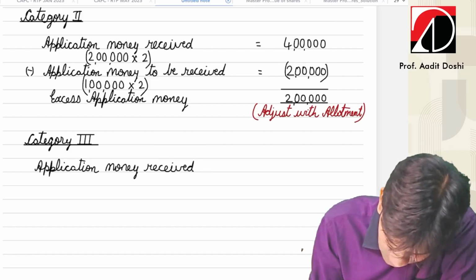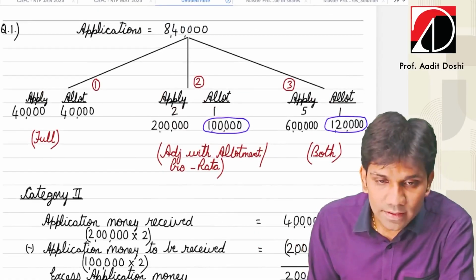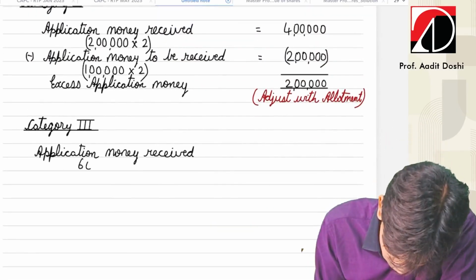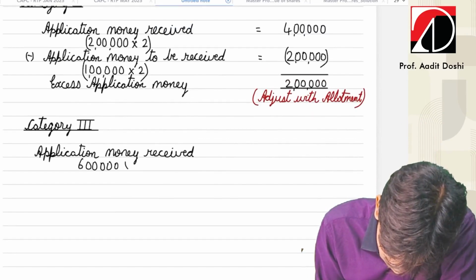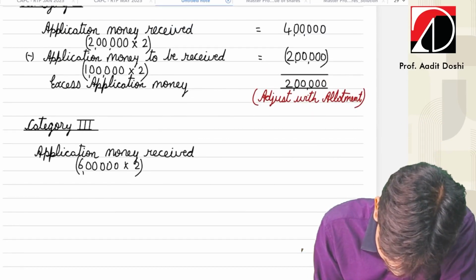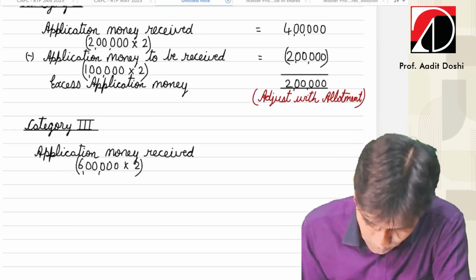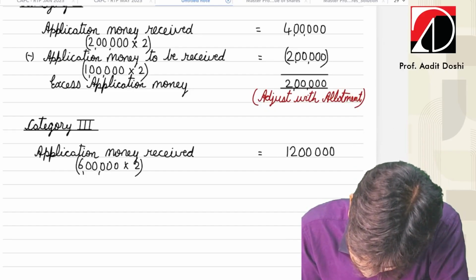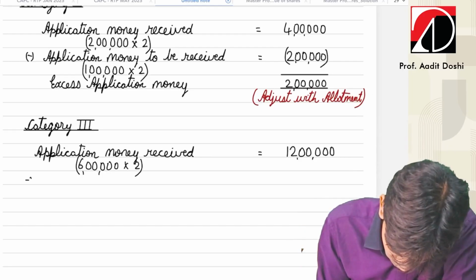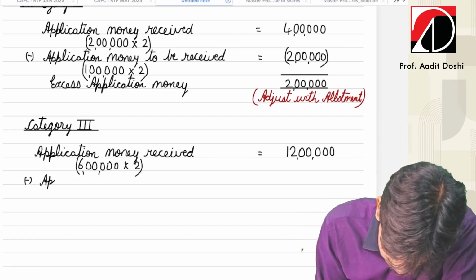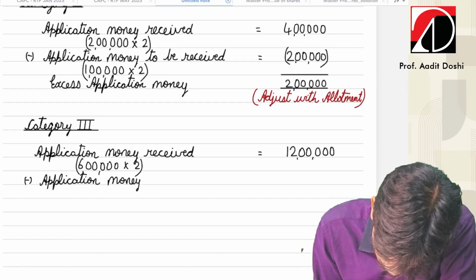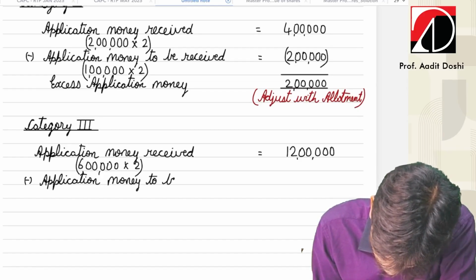Here, how many applications are received? 6 lakh into 2 rupees, which comes to 12 lakhs, less application money to be received.